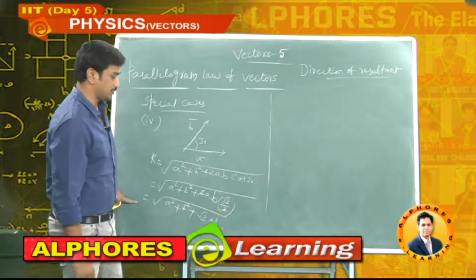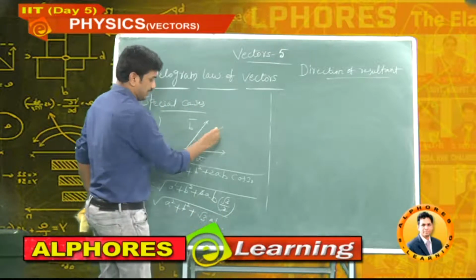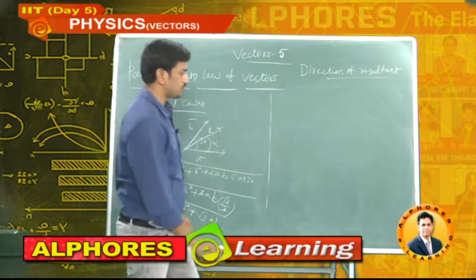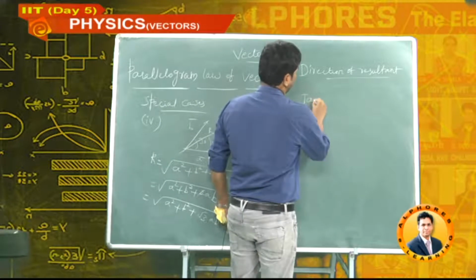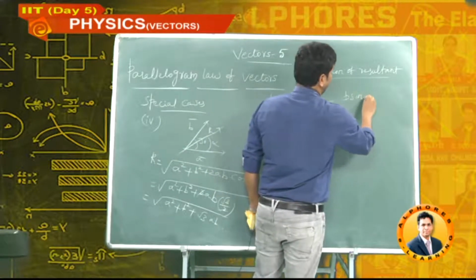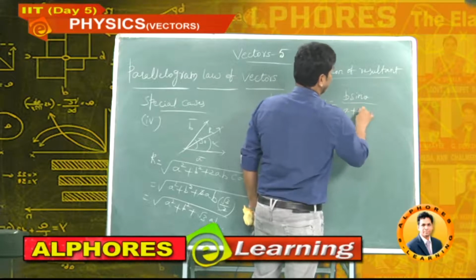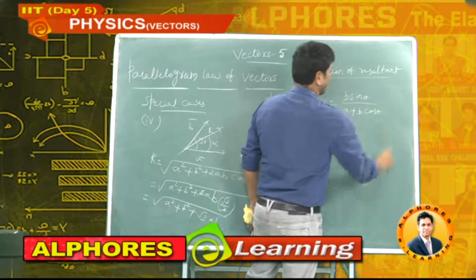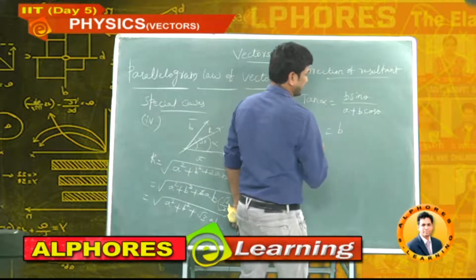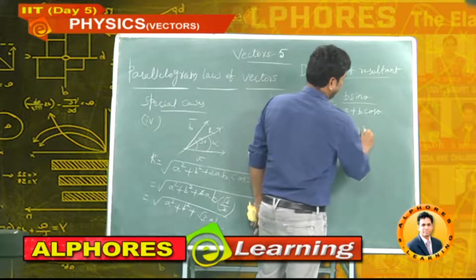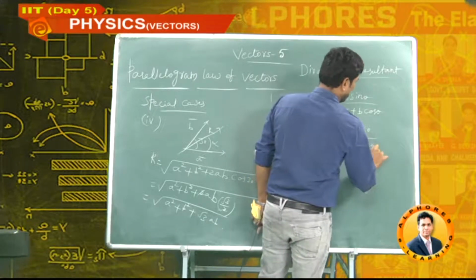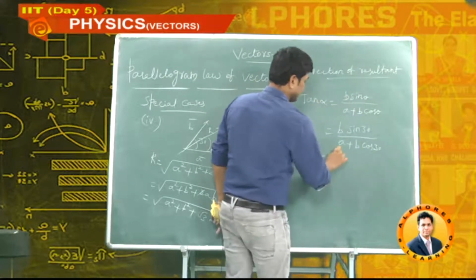Now, this is the resultant. Now, this resultant with A bar, what is the angle? Alpha. Now, again, tan alpha is equal to B sin theta by A plus B cos theta. Now, B as usual, same thing, sin 30 by A plus B cos 30.